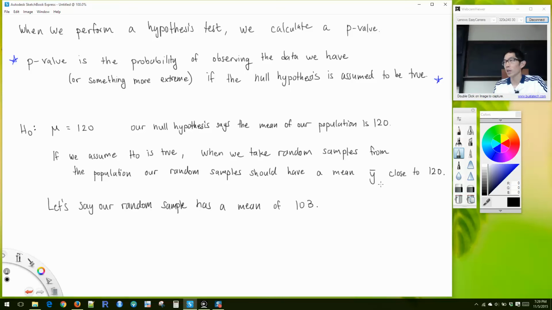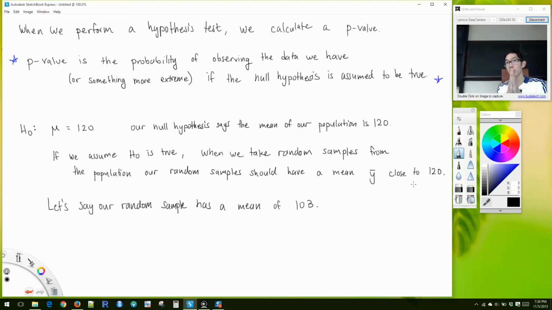But how often will we get a sample mean of 103? That's what we want to know. Okay? And when we say something more extreme, we say, well, 103 is 17 units away from 120. So what's the probability we get something basically 17 units or even farther away from what we expect?